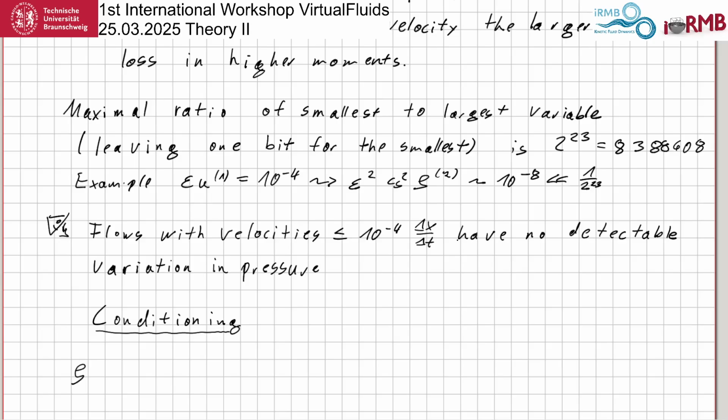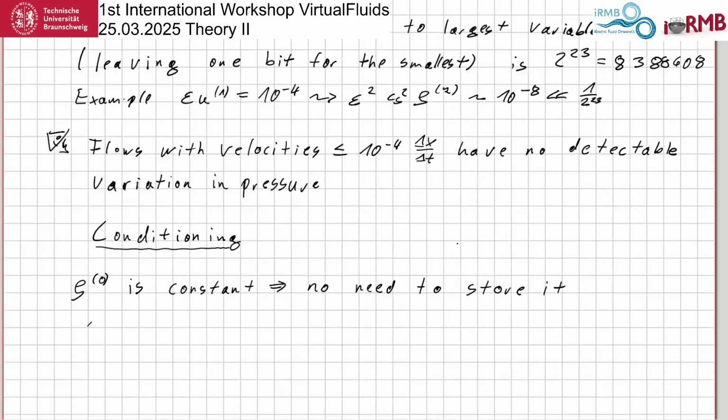So rho 0, this is a constant. Because it's a constant, there is no need to store it. So this is the simplest measure that you can do, and this is done in VirtualFluids, of course.